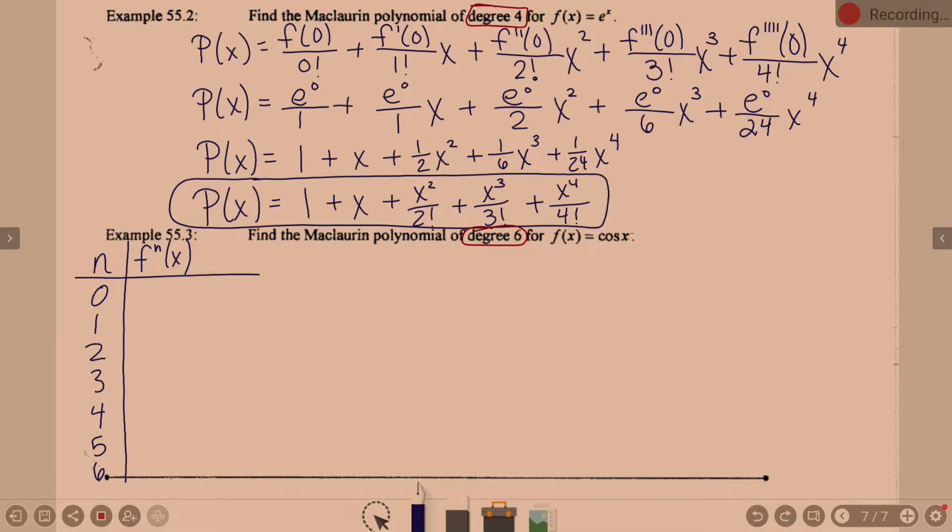So my basic original function in this case is the given cosine x. Okay? Now, when n is 1, that means I'm going to be finding the first derivative. What's the first derivative of cosine x? Negative sine x.